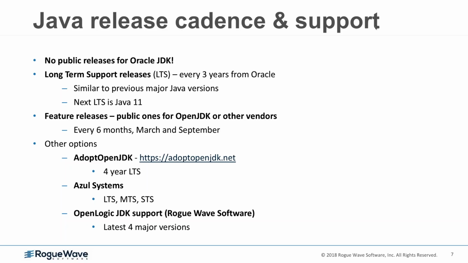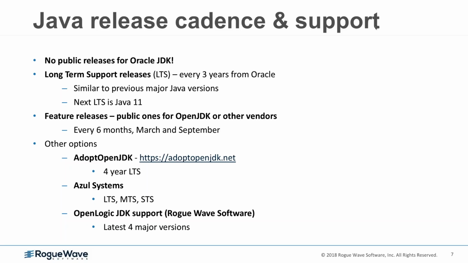You need to have a subscription to their commercial offering to get this. And the next LTS is Java 11. Of course, you can get the OpenJDK and the other options. So here we're just talking about the Oracle JDK. On top of the every 3 years, there are actually 2 releases per year called feature releases, March and September.